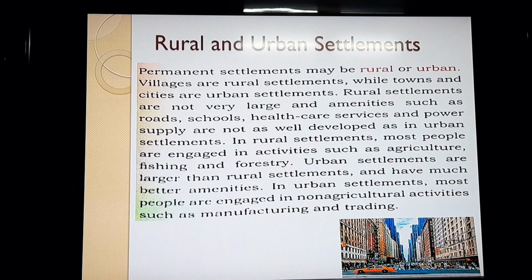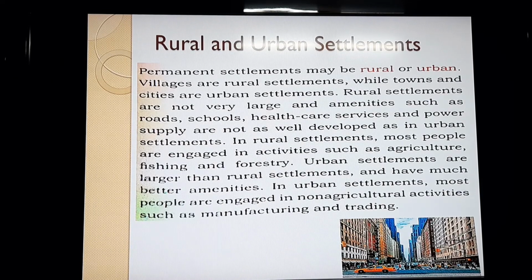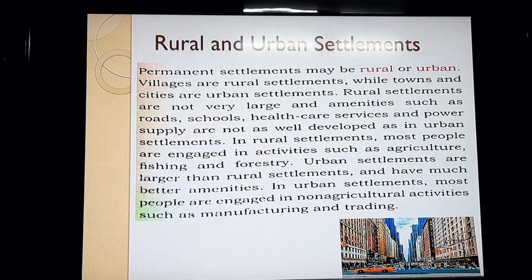Okay, so we have seen the difference between rural and urban settlements. The settlement which is in the village is called the rural settlement. The settlement which is in the cities or towns is called the urban settlement. The rural settlements are not so large. They don't have as many amenities as urban settlements. Urban settlements have more amenities in comparison to rural settlements.